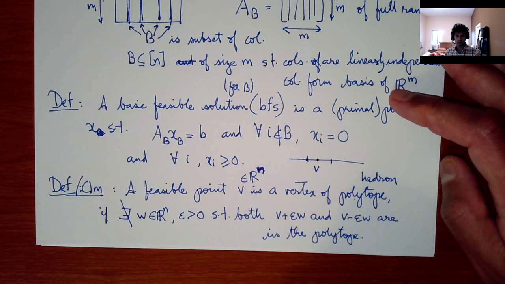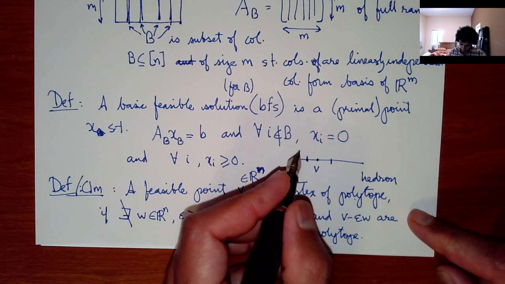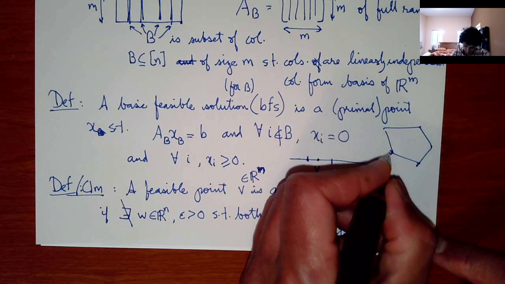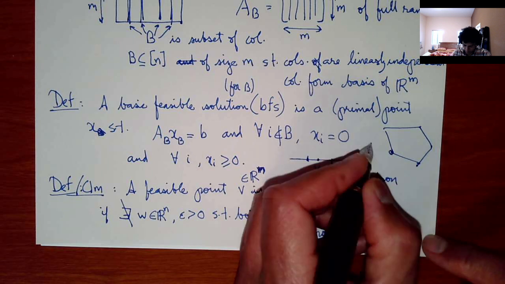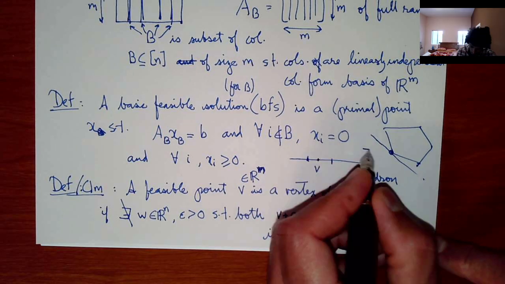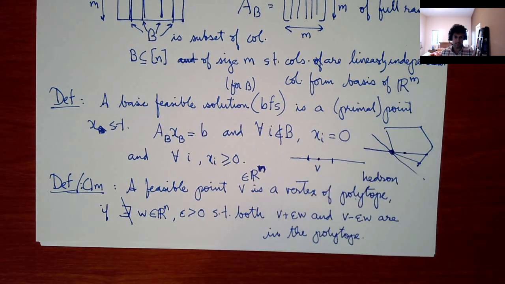So V is a vertex if and only if, whenever I put a line through it, either no point lies in the polytope, or at most one side lies in it. So this is essentially an equivalent definition of a vertex.